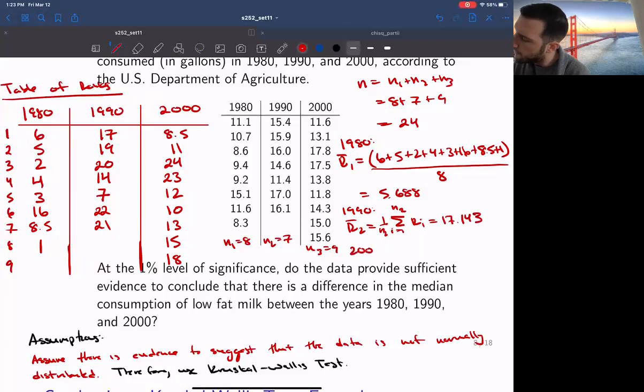And then for 2000, we have R bar 3 is the sum of the ranks. So 1 over n3. I'm definitely not going to have room to fit that. But same idea. So we add the ranks together for the year 2000. So 8.5 to 18, divide by the number of ranks, which is 9. And that gives us 14.944.